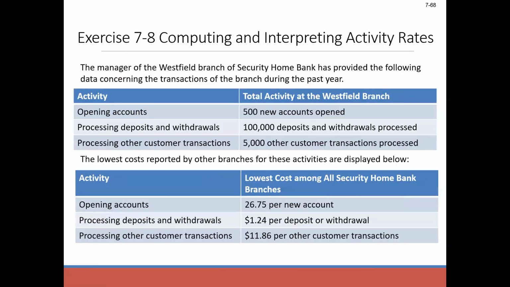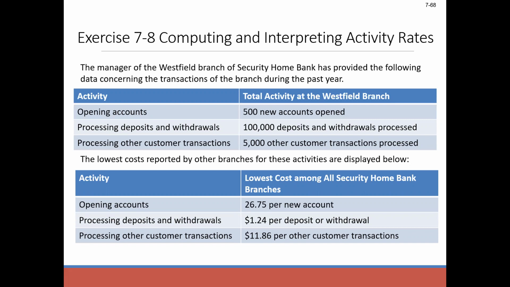So here we see the manager of the Westfield branch has provided the following data concerning the transactions of the branch during the past year. We've got different activities, and we've got the number of total activities. Opening accounts, we have 500 new accounts opened. Processing deposits and withdrawals, we did 100,000 of those. Processing other customer transactions, we had 5,000.